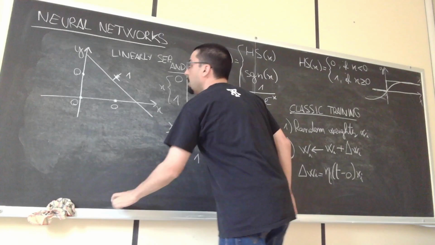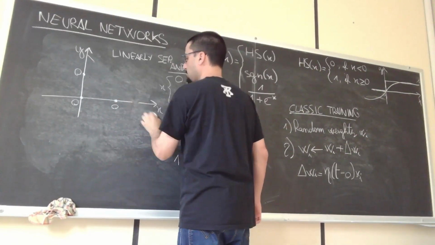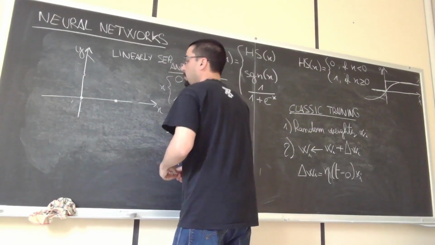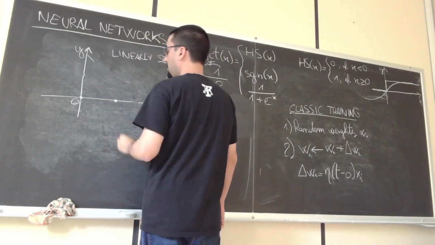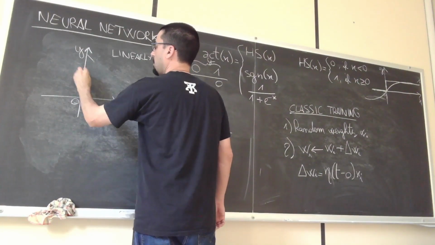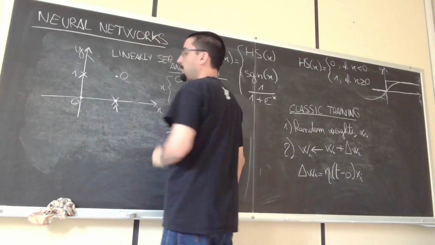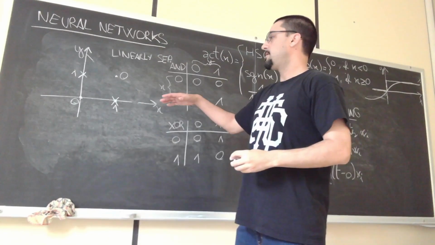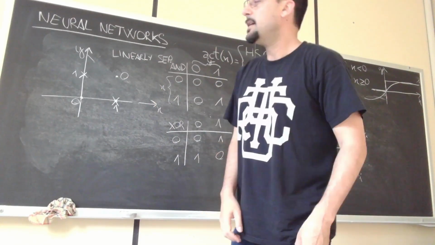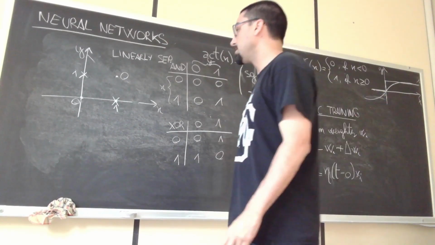So if we do it again on this plot, we will have 0 here, 1 here, 1 here and 0 here. Now you can see that you cannot find a line, or equivalently a hyperplane, that is able to separate these two classes of zeros and ones.